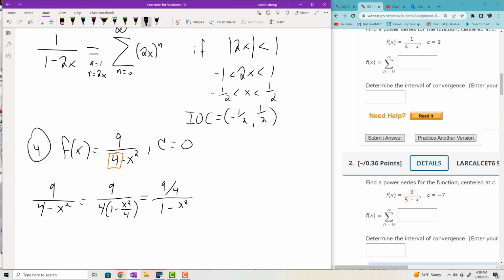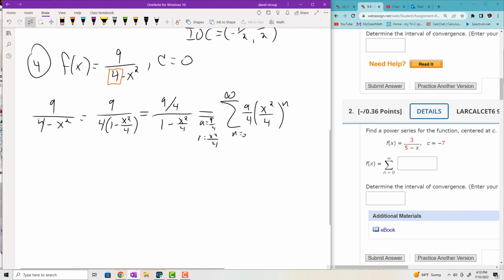I guess it won't really matter. So anyways, the a value is 9/4. The r value is x squared over 4. And now we can write our summation as 9/4 times x squared over 4 to the nth power from n equals 0 to infinity.